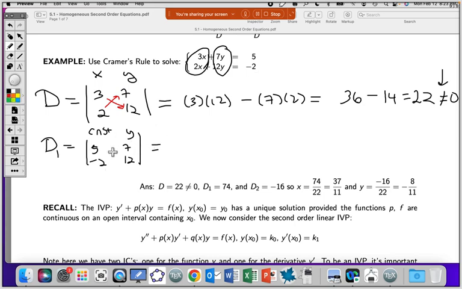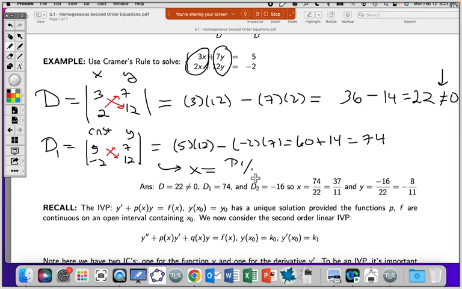And now we'll do the zig minus the zag. So that's 60 plus 14. That's our 74. So this gives us our x. x is d1 over d, 74 over 22, which with a common factor of 2 gives you 37 over 11.